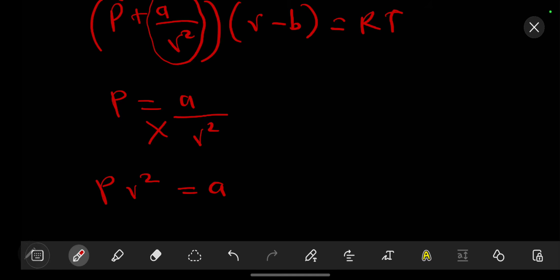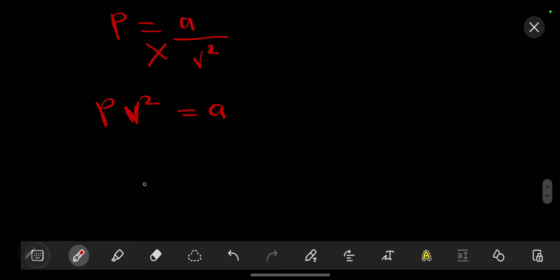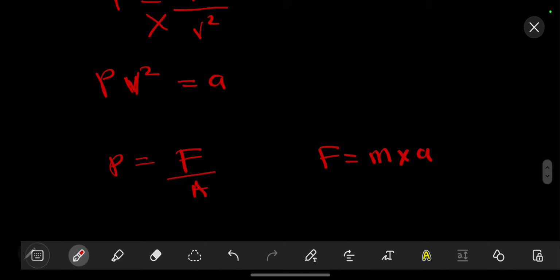So that means that we have our pressure and our volume, but we want to stick to our dimensions, which are our length, time, and mass if possible. So we know that the pressure is equal to force over the area, and the force is a product of mass times acceleration according to Newton's second law. So we have mass, capital M, then our acceleration, which is L T raised to the power negative 2.